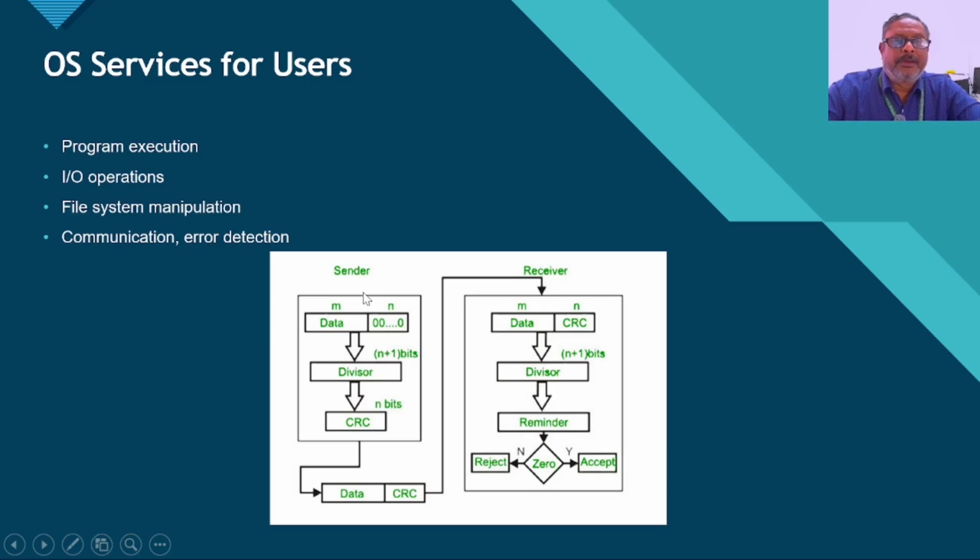So there is the sender and there is a receiver. The sender sends the data, the receiver receives the data, and we need to make sure that nothing goes wrong on the way between the sending end and the receiving end. We have something called error detection, and error correction facilities are also provided in the operating system, so the two systems can communicate with each other.